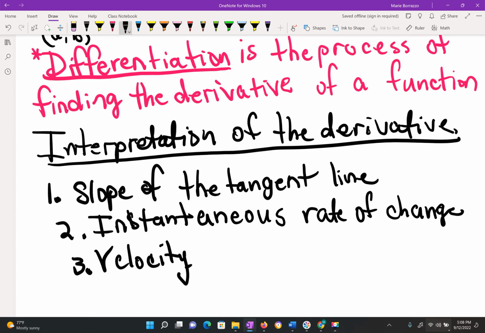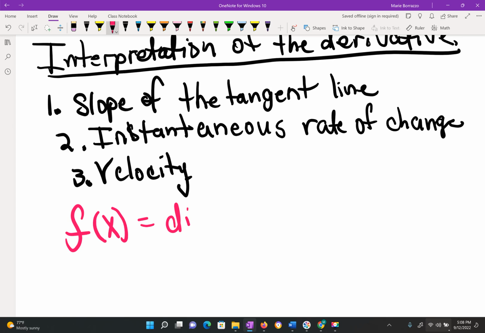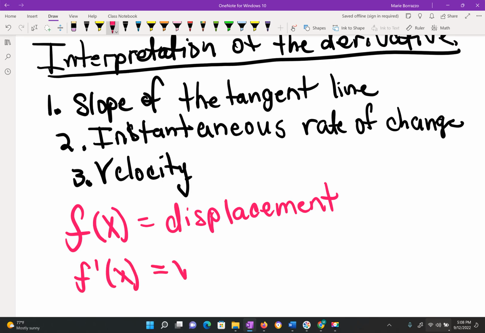Let me give you something else to chew on for a minute. We talk about a function f of x. We refer to this as the displacement function. It tells us where the object is at any particular point. That first derivative, we associate with velocity.